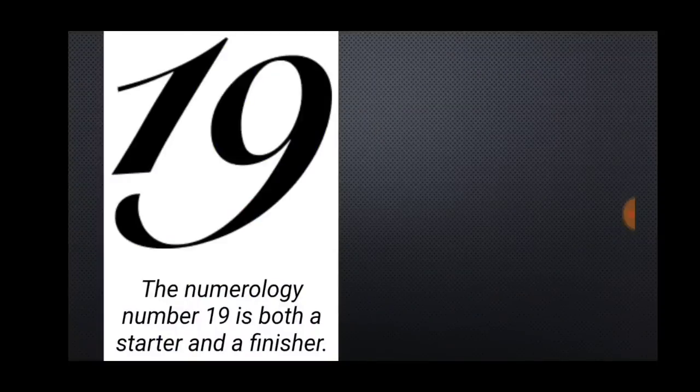So 19 is also, in numerology, both a starter and a finisher, because it has 1, which is the first number, and then 9, which is the last single-digit number. Okay, because 1 through 9 make all numbers, of course. And they don't consider 0 in there because it's not technically a value.